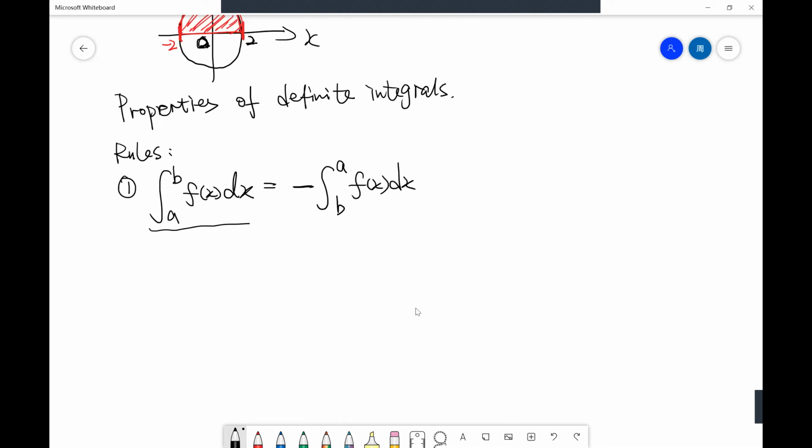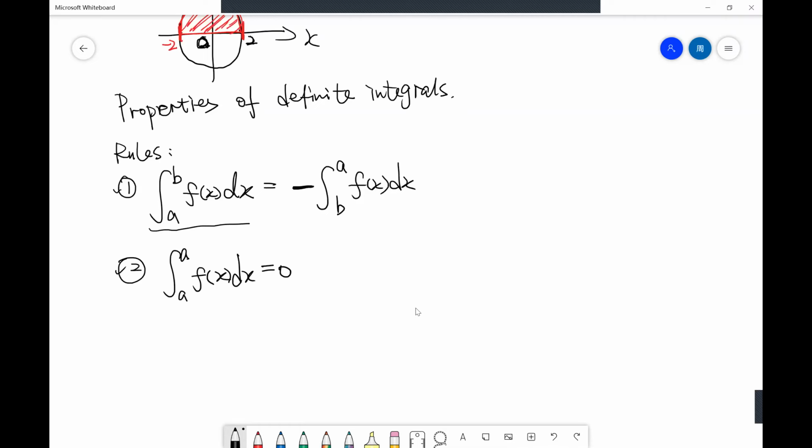So if I change the upper limit and lower limit, you should remember to add a minus sign before the integral. So it is the first rule. And the second, you should remember that if the lower limit and the upper limit are the same, that means from A to A, that should be 0. Or you can think of these 2 rules as regulations.